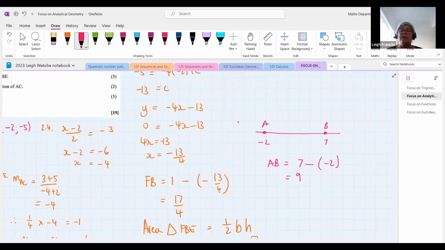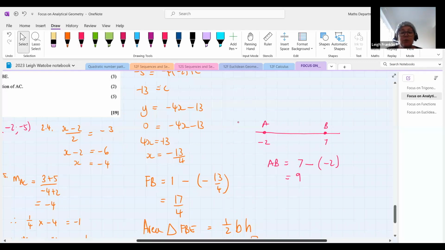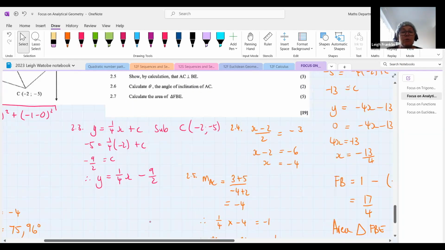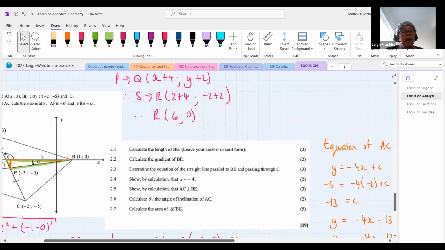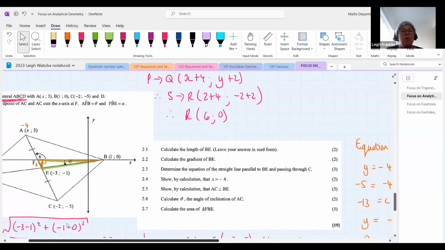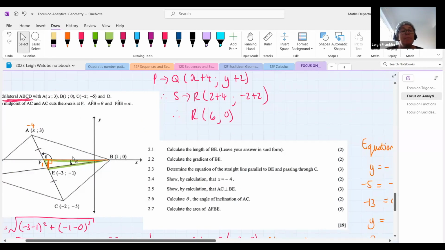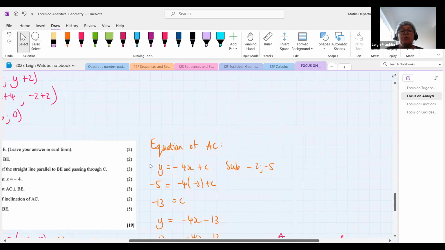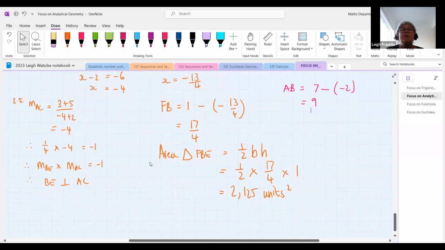So that would give you 9 units. That's essentially what I'm doing. Does that make sense to you? Yes, ma'am. Thank you. Okay, so I'm saying 1 minus, so 1 is the x-coordinate at B minus the x-coordinate at F because it is a horizontal line. Any other questions about my method here?